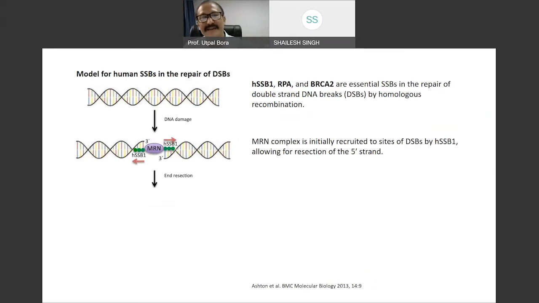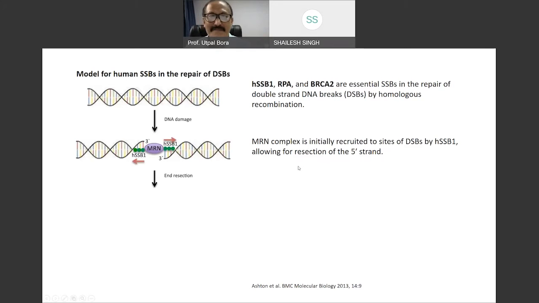So when DNA is damaged, this MRN will be recruited to the site of the double-strand break by hSSB1. You can see these blue small circles, right? So this is the SSB1. The SSB1 will actually bring this MRN complex into this site.